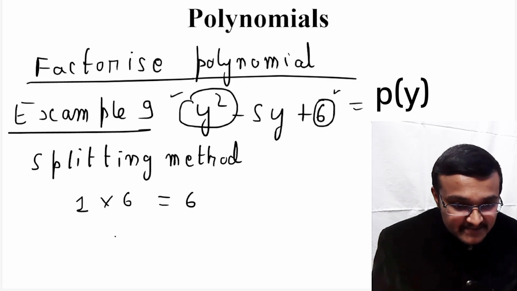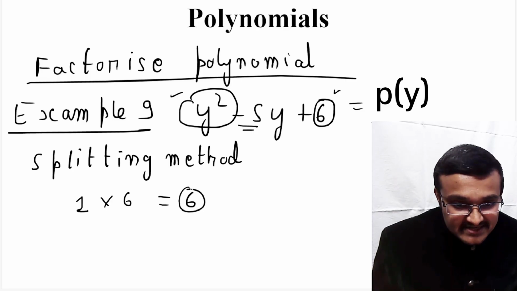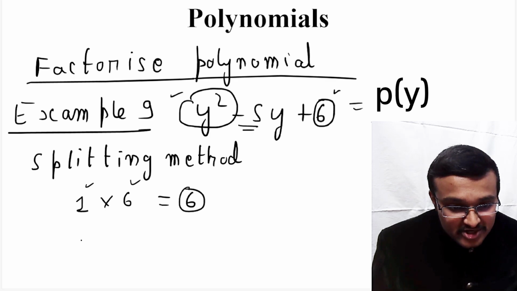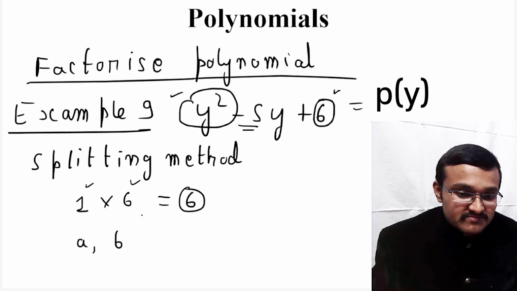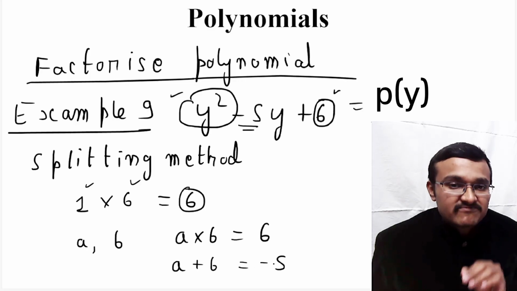So here you have minus 5 and here you have 6, that is the multiplication of 1 and 6. If you consider a and b as the two terms, then a into b should be equal to 6 and a plus b should be equal to minus 5.